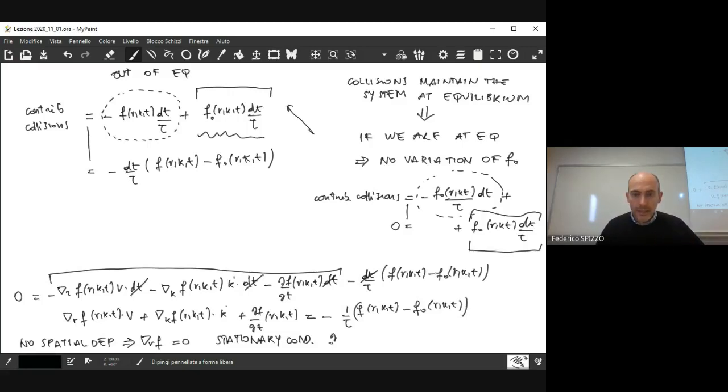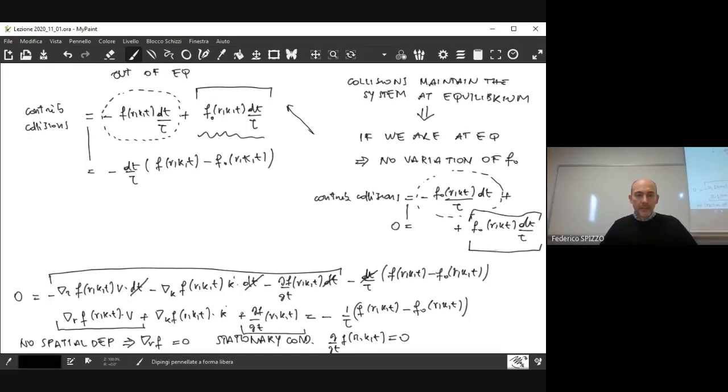So we have the explicit derivative of f with respect to t is equal to 0. So due to those hypotheses, this term here disappears and this term here disappears.